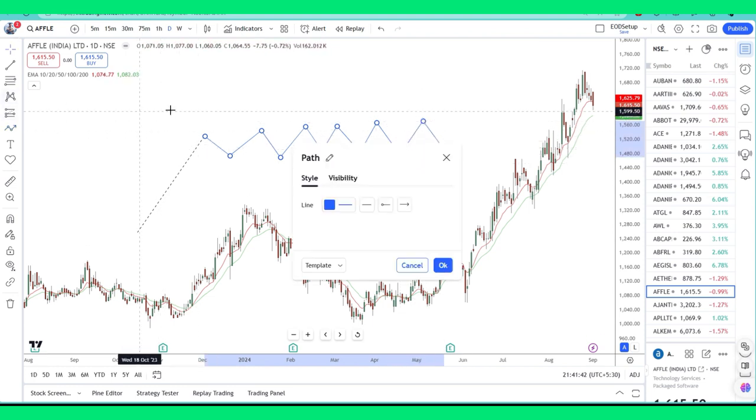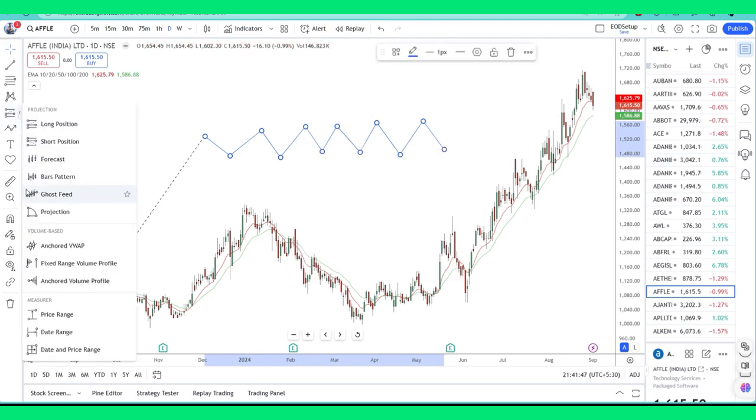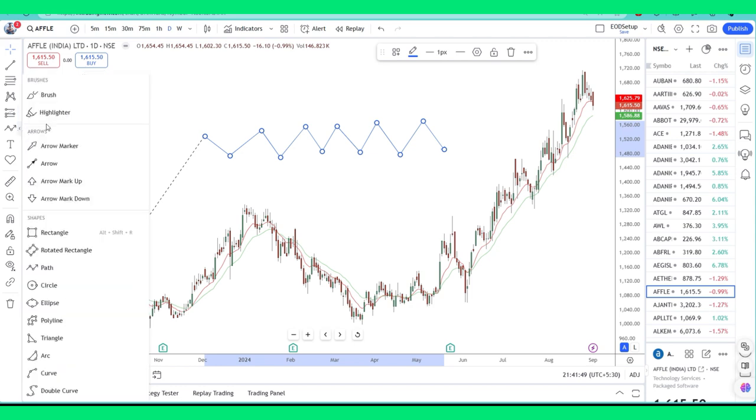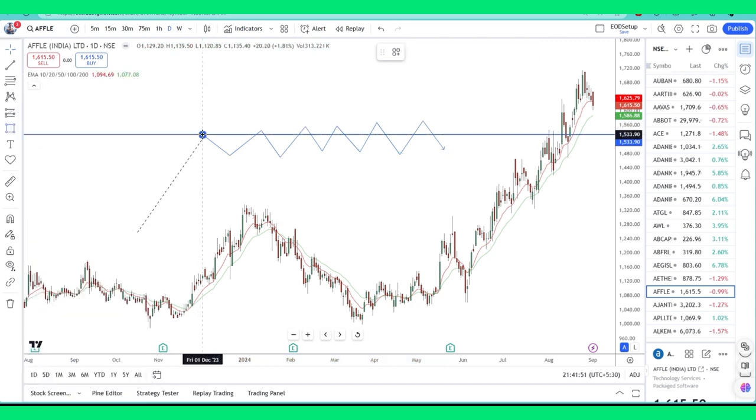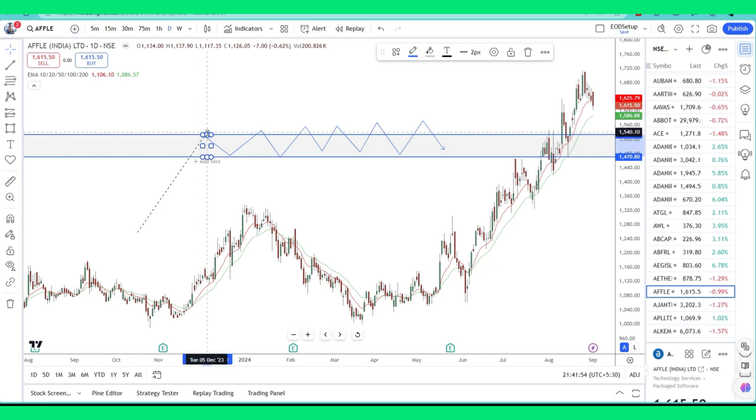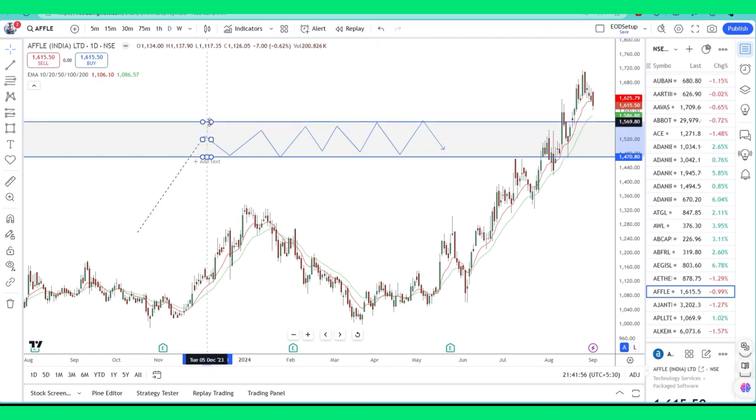It will create a range like this, and our aim is to identify such ranges, and whenever a breakout from this range happens, we enter the stock with a very good risk reward opportunity.